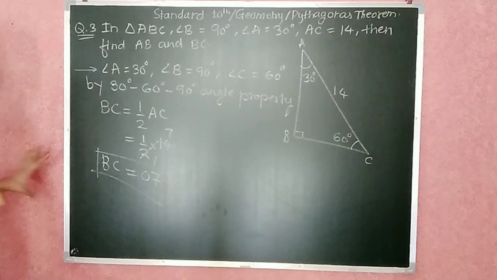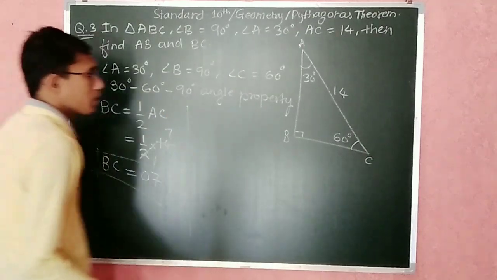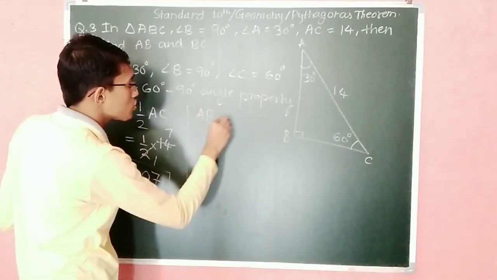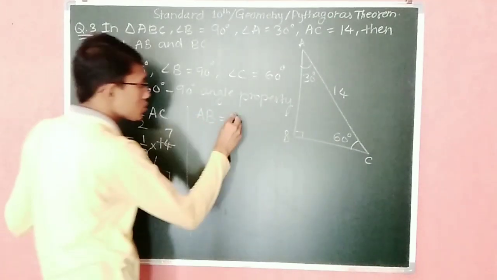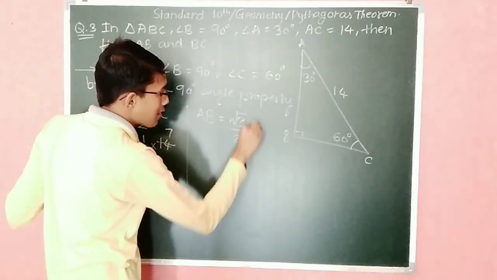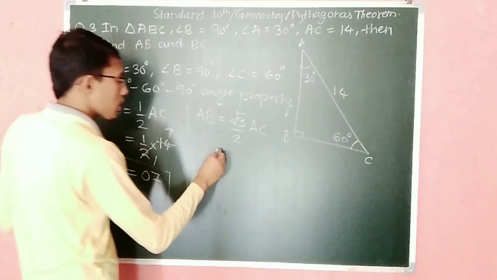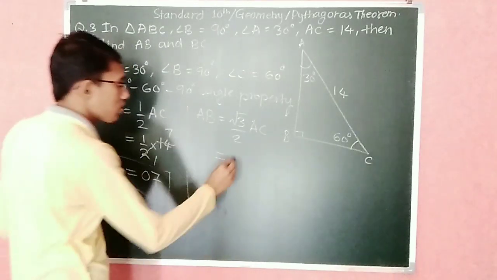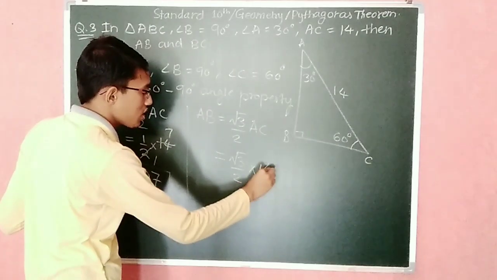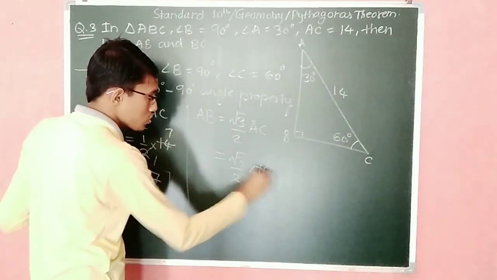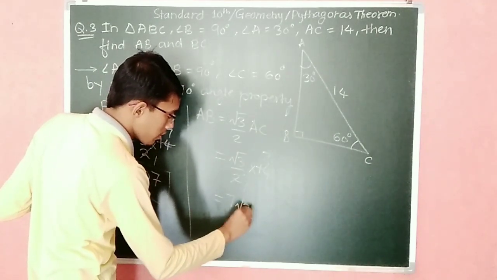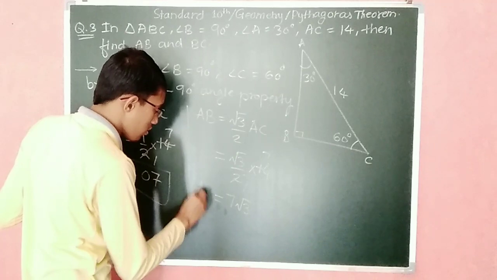On the same line, we can write that AB, which is the side opposite to 60 degrees, is equal to root 3 by 2 times the hypotenuse AC. So root 3 upon 2 into 14. 2 ones are 2, 2 sevens are 14. So we get the value of AB as 7 root 3.